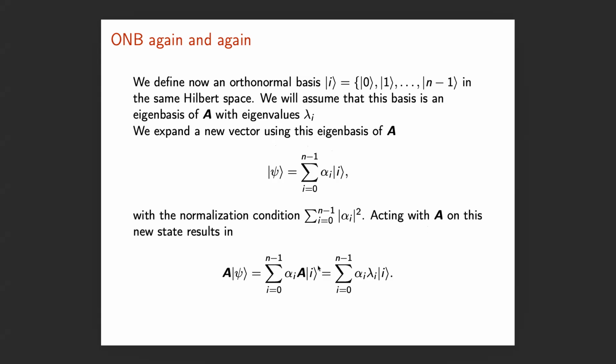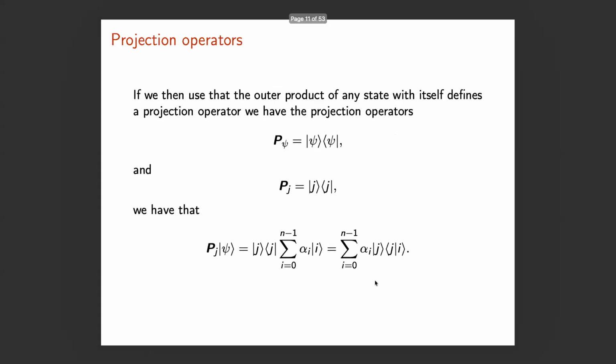When you act with A on this state, this is what you get. Hopefully there's nothing controversial or new here. This is something you have seen before, and these are the kinds of operations which we do again and again and again. With that, with the projection operators, we can now look at an operator which projects out specific components.